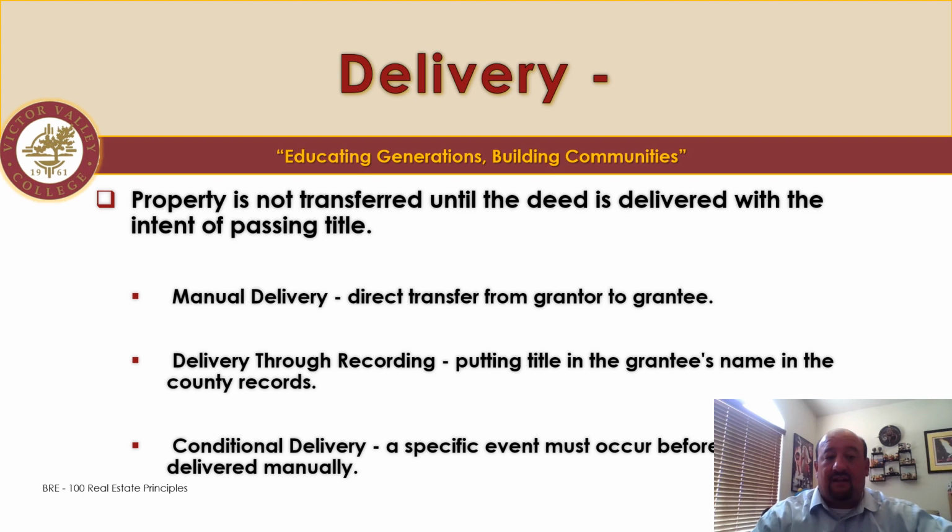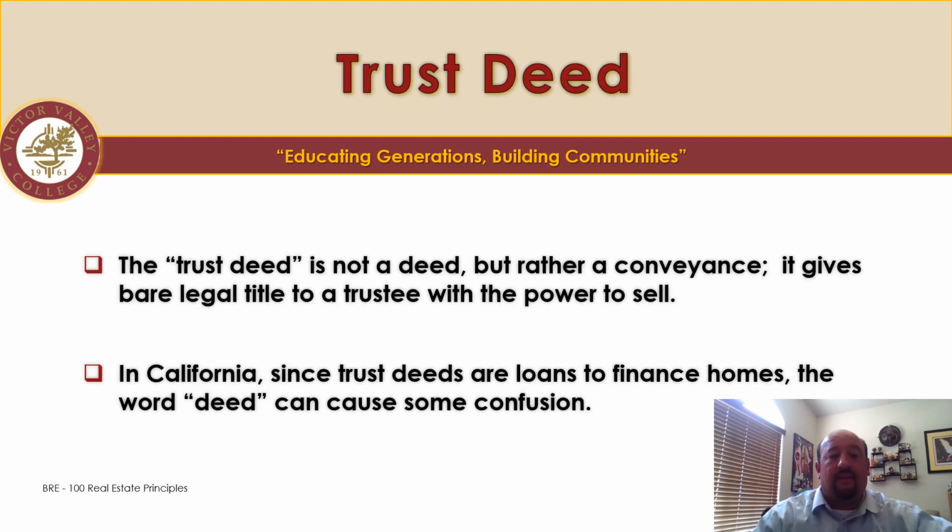Delivery. Property is not transferred until the deed's delivered with the intent of passing title. So there's manual delivery through recording and conditional delivery. Although it's not required that deeds be recorded, that's the normal process of delivery. Now, a trust deed is not a deed but a conveyance.